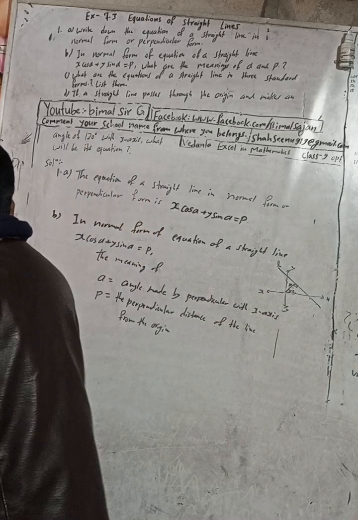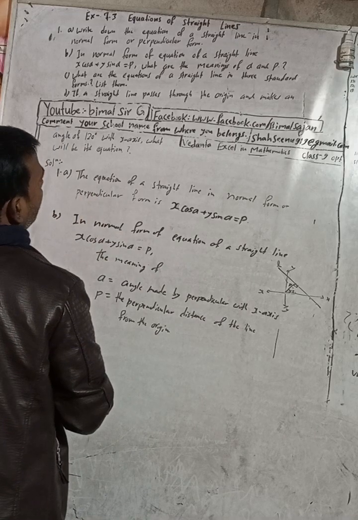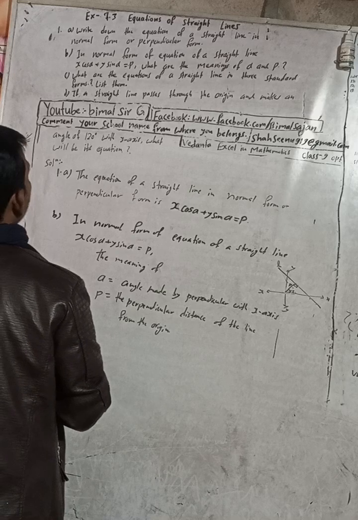Now C number. What are the equations of straight lines in three standard forms?